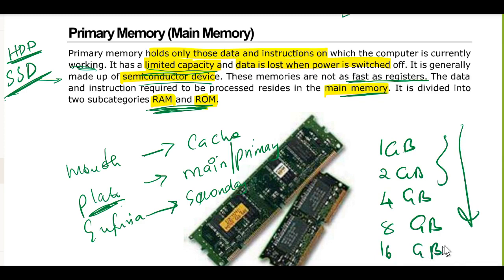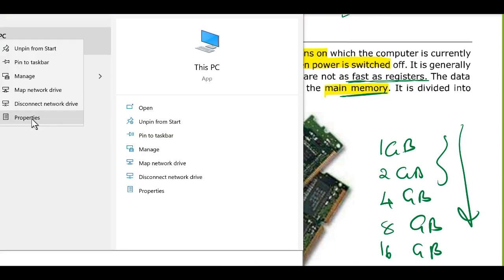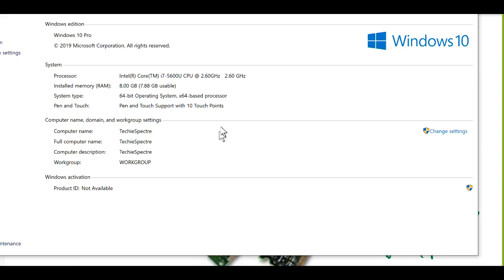These are very fast. If you go to your computer and right click, you go to properties, it will show you clearly here, this is what we are calling RAM. I want to make sure that you don't get confused. This is RAM, random access memory. It is part of main memory.